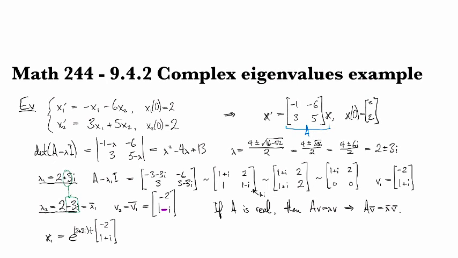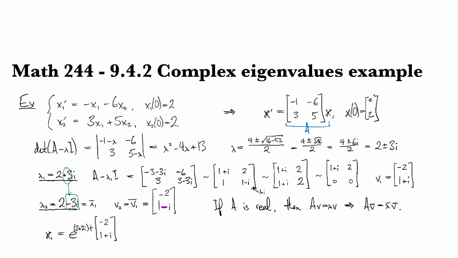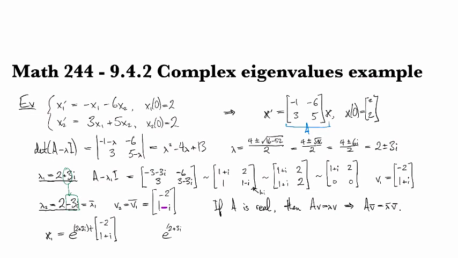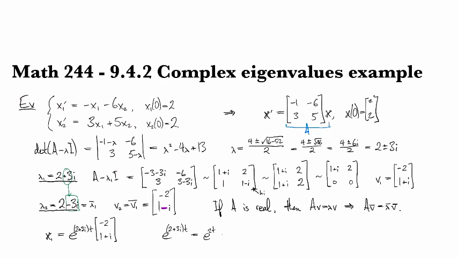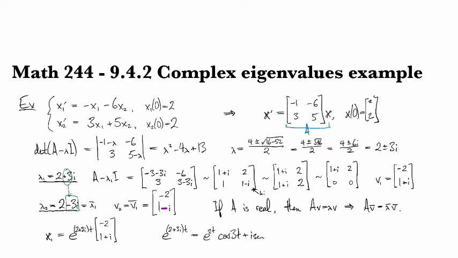And we have to figure out what to do with this. So we go to Euler's formula, which says that I can split this into e to the 2t times cosine 3t plus i sine 3t. Okay.